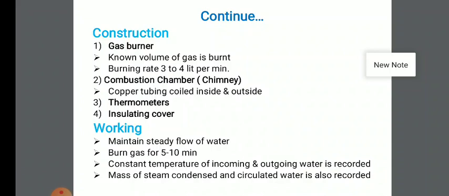Suppose the initial temperature is T1 and the final is T2, then the rise in temperature is T2 minus T1 degrees centigrade. So we note down four observations during the experiment: volume of gas burnt, quantity of water passed through the coil, mass of water condensed from the product gas, and steady rise in temperature.